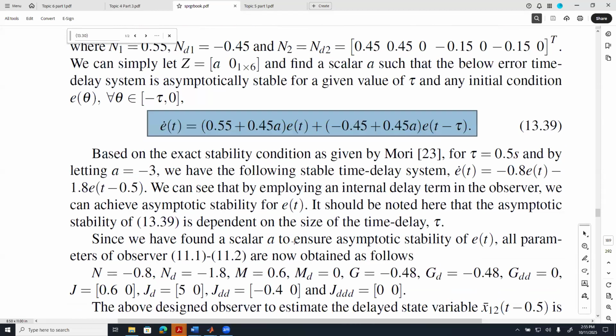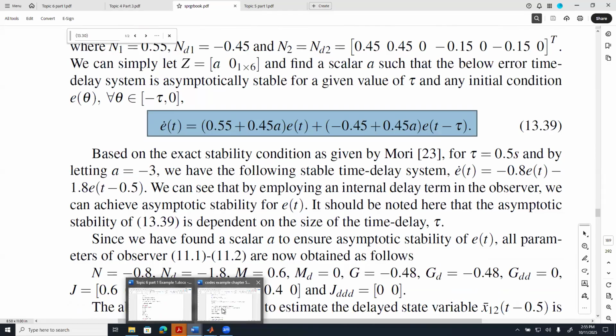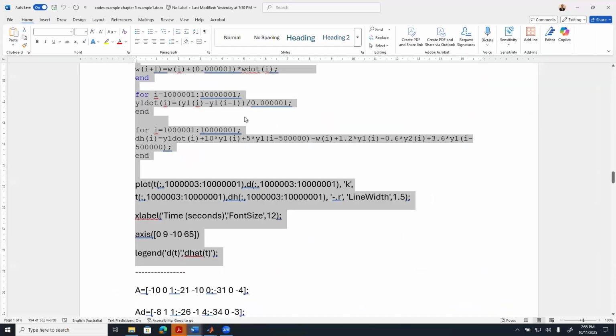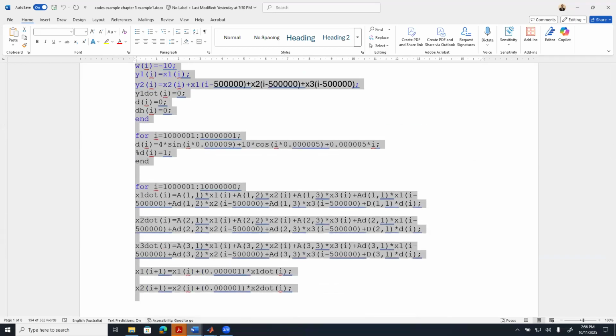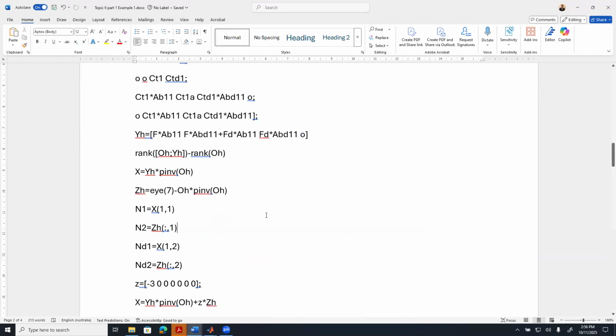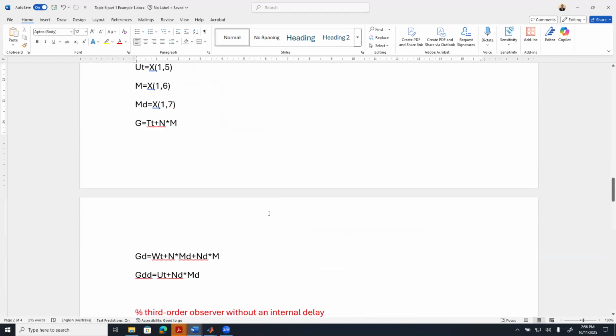Now, if we pick the value for I, that's where we obtain the solution for the observer.